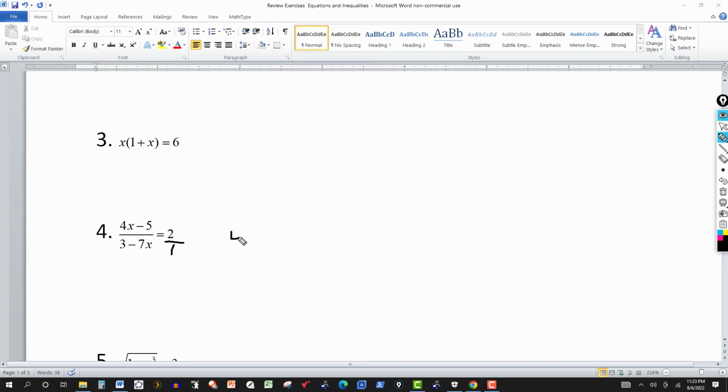Either way we wind up with 4x minus 5 equal to 2 times 3 minus 7x. Then we simplify this. I skip number 3 and go back to it after I get this one. This gives 4x minus 5 equal, using the distributive property, multiplied by 2: 2 times 3 gives us 6, and 2 times minus 7x is minus 14x.